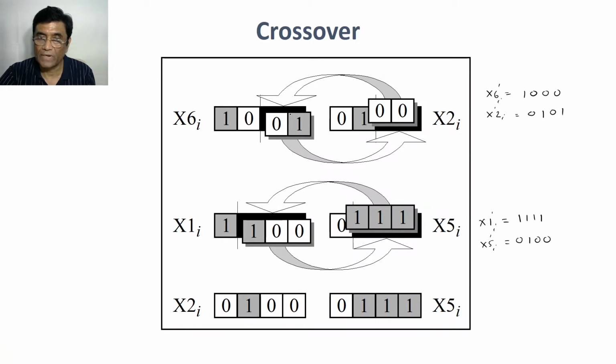This is the crossover operator. The crossover operator is your decision. It could also be 3 genes you exchange, but you have to see that the change should not be drastic. Changes should be slow, so only 1 or 2 genes you just change.